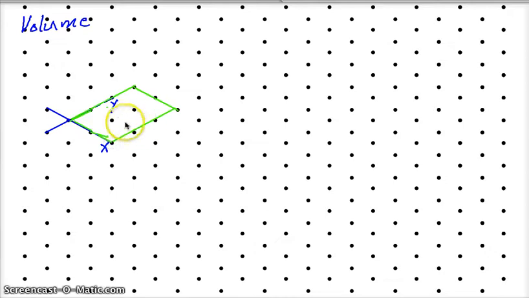Now I think we can agree that the area of this rectangle, which is 3 by 2 units on each side, let's call this the length and this the width, we can find the area.